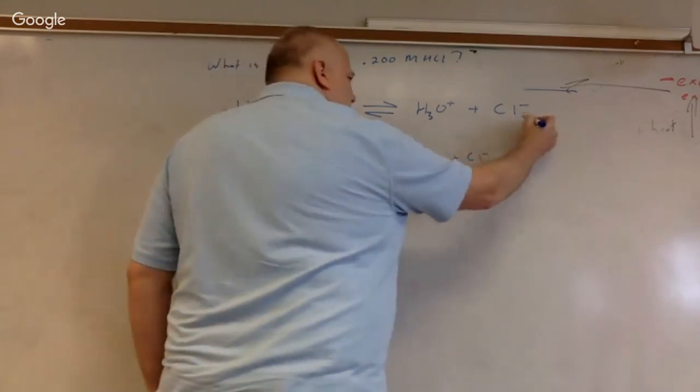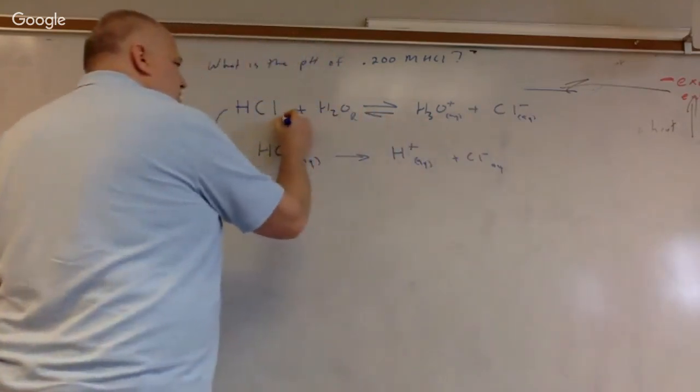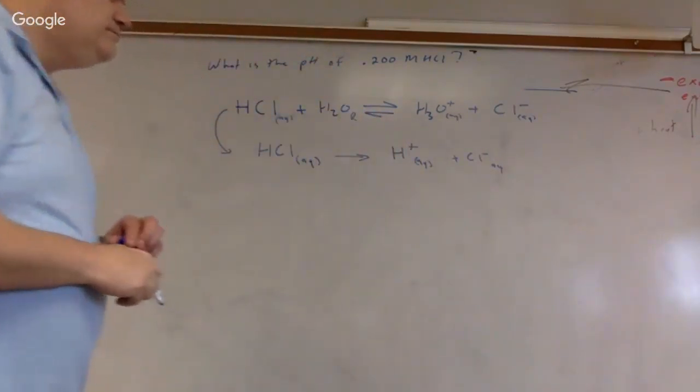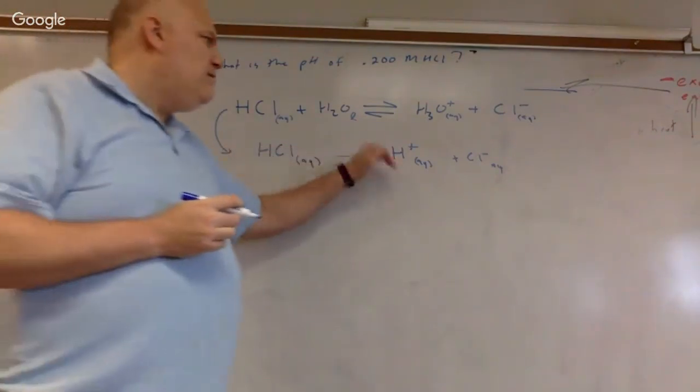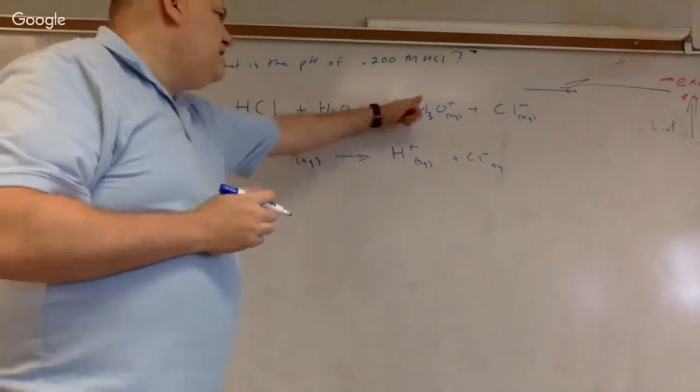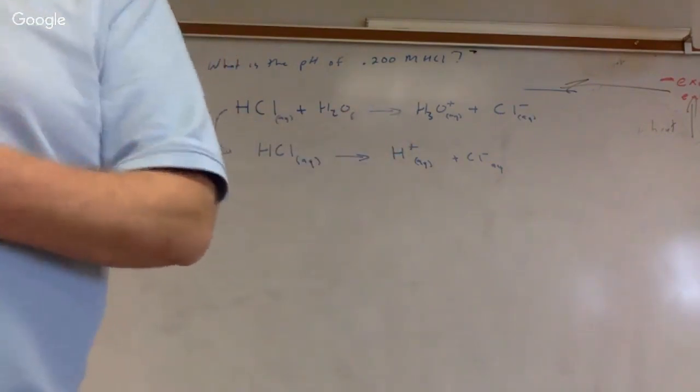Again, there should be aqueouses here as well. This is a liquid and this is aqueous. So these two expressions show how HCl 100%, actually I'm not going to draw even a backwards arrow. They 100% go to H plus and Cl minus.